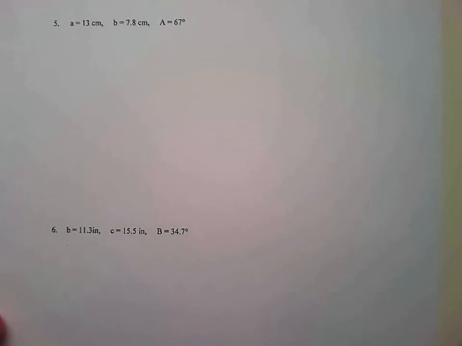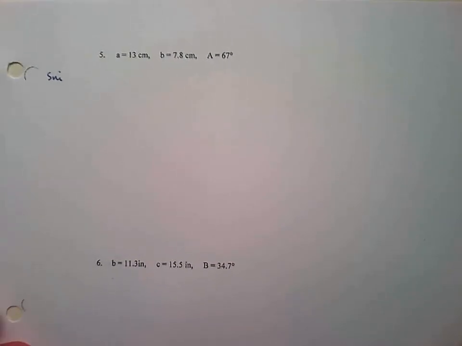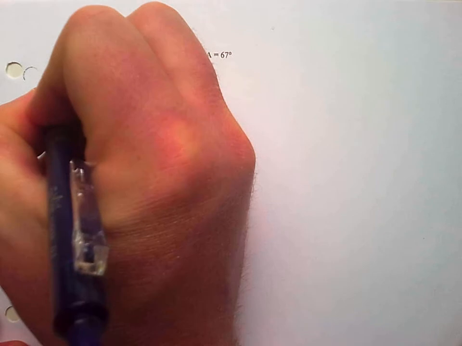So let's first take a look at this. We have the sine of B over b is equal to the sine of A over a.